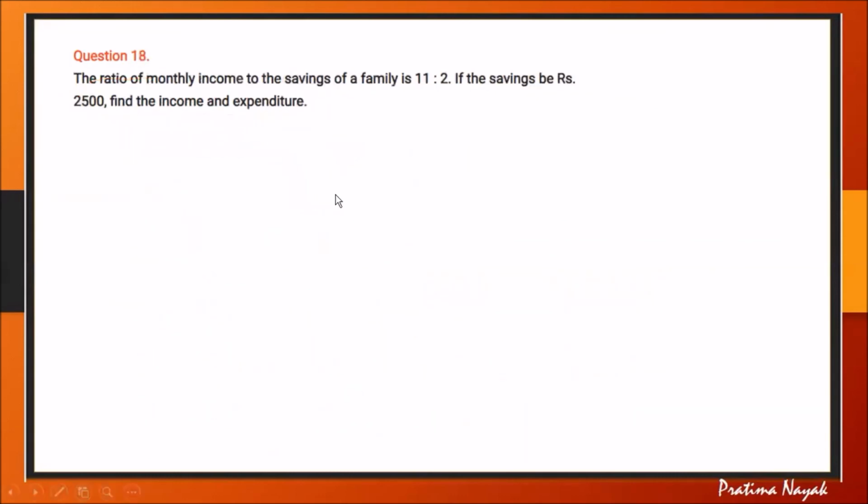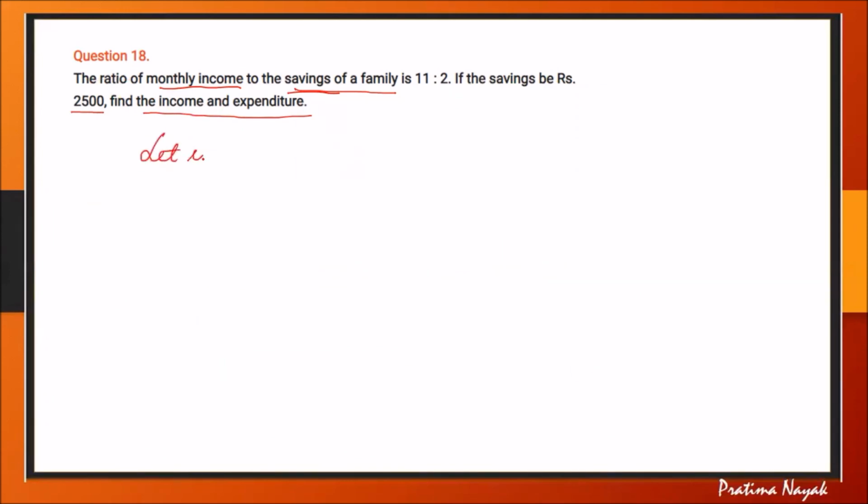Question number 18. The ratio of monthly income to the savings, that means monthly income is getting this much, and savings means is depositing this money, in ratio 11:2. If the savings is 2,500, find the income and the expenditure. So we'll take x.